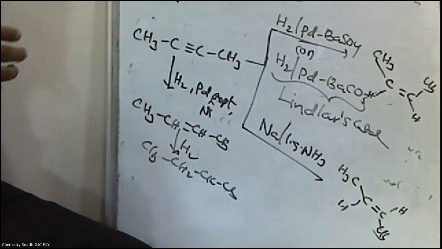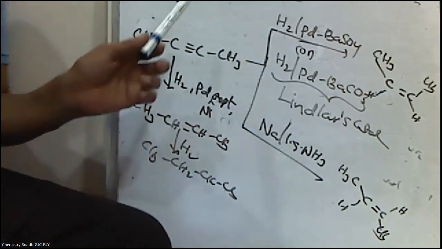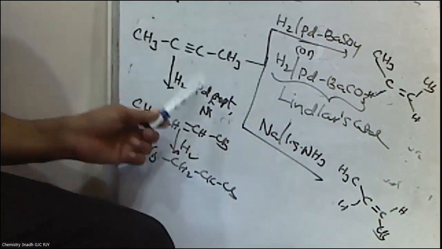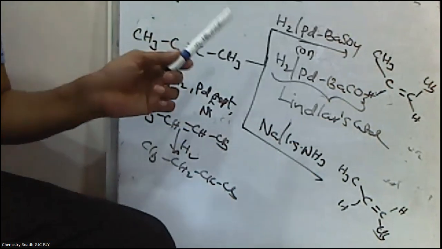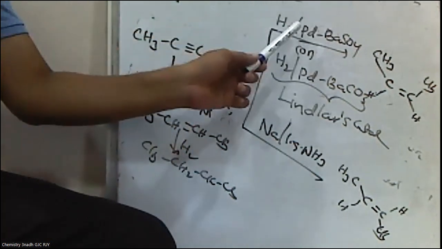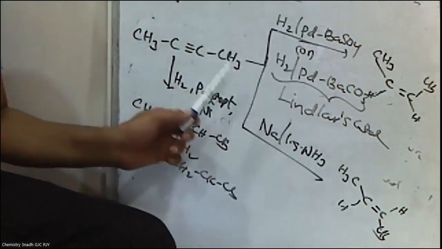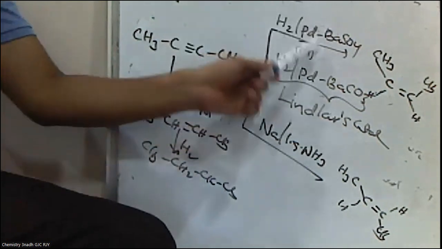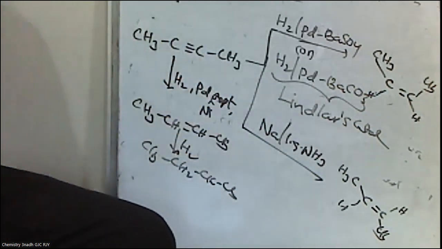So to stop at the alkene stage, we need partial hydrogenation, and the reagents are Lindlar's catalyst and sodium in liquid ammonia. This is the preparation of alkenes from alkynes.